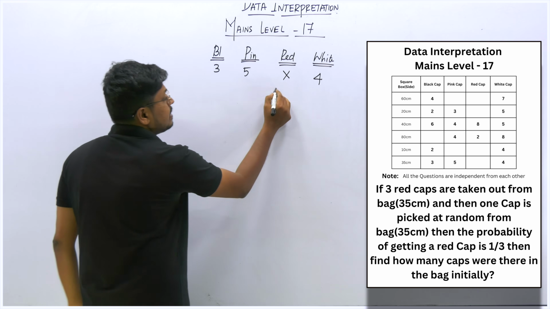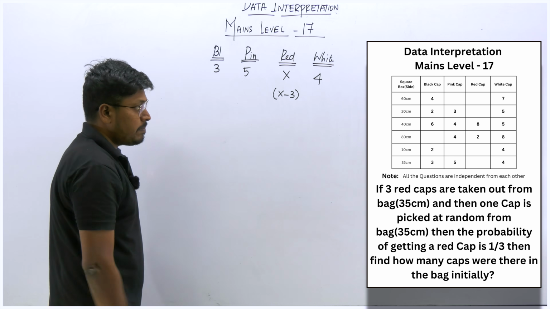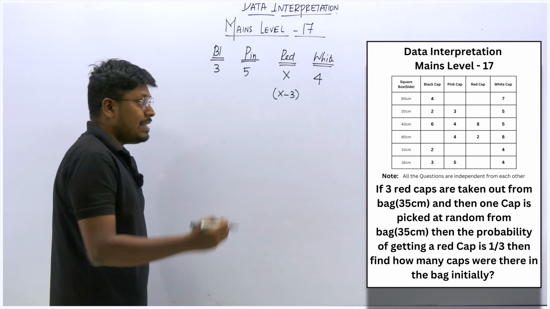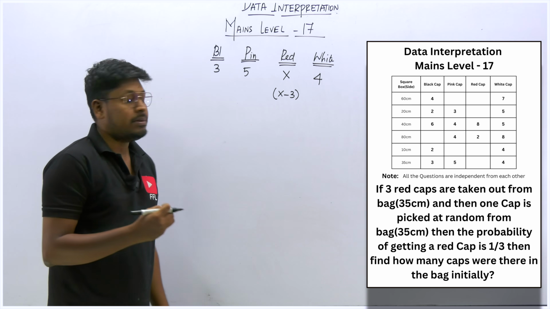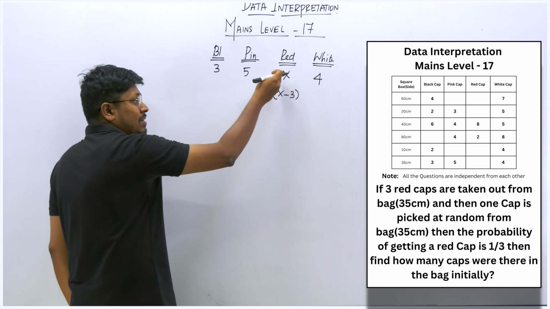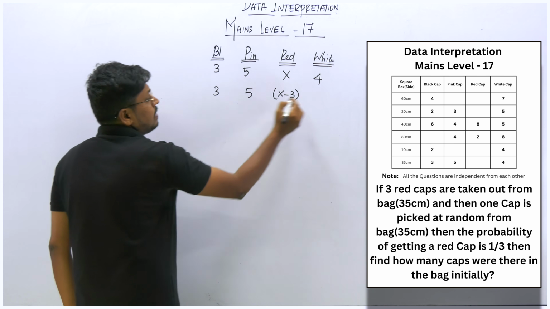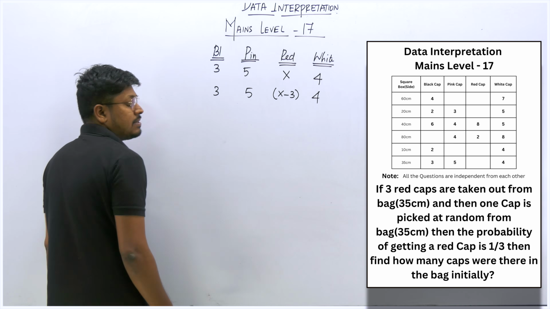So we can consider this as X minus 3. So 3 red caps are taken out from the bag and then 1 cap is picked at random. When we take 3 red caps outside, the remaining red caps will be X minus 3. The other color caps remain as they are.